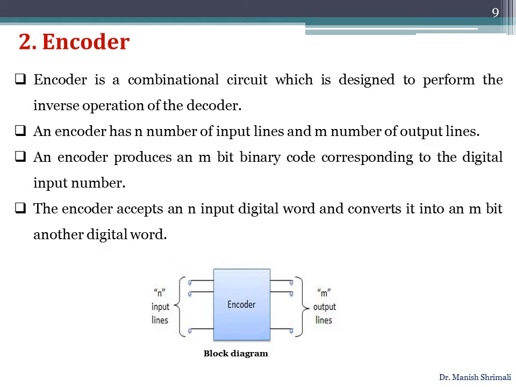The encoder accepts an n input digital word and converts it into an m-bit digital word. This is the block diagram of the encoder, with n input lines and m output lines, which will be more clear in our next slides.